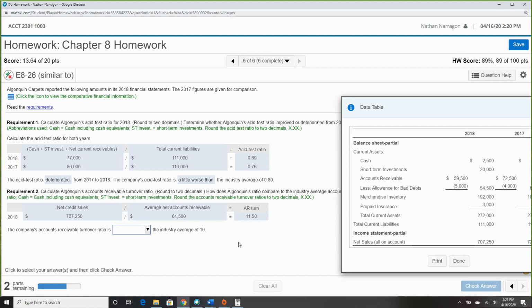So for this one, you have to figure out the average. And then we want to see the company's accounts receivable turnover ratio is blank the industry average of 10. Again, there's your equal, there's your less than. So we're not less than 10, we're actually greater. We're better than the industry average.